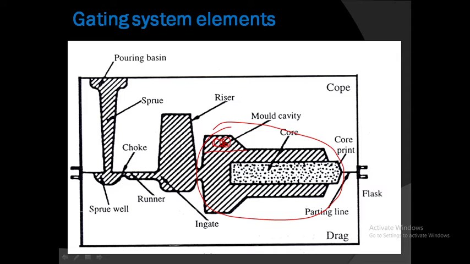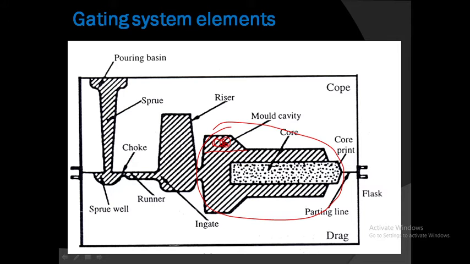So the gating system should be such that it facilitates complete filling of the mold before solidification. Okay, and next, it should prevent the slag and dross which is present in the poured metal from reaching the mold cavity. As we know, in molten metal some dirt particles are there.